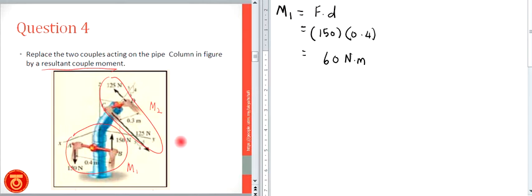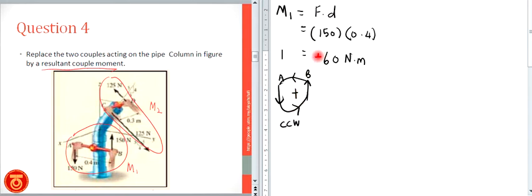So here you see that the F at A is toward the bottom and F at B is toward up. So when you connect both, it is counterclockwise, so it is positive.